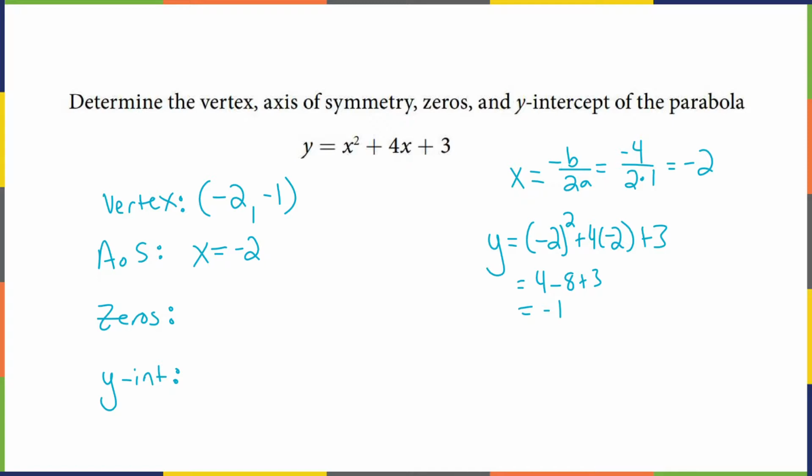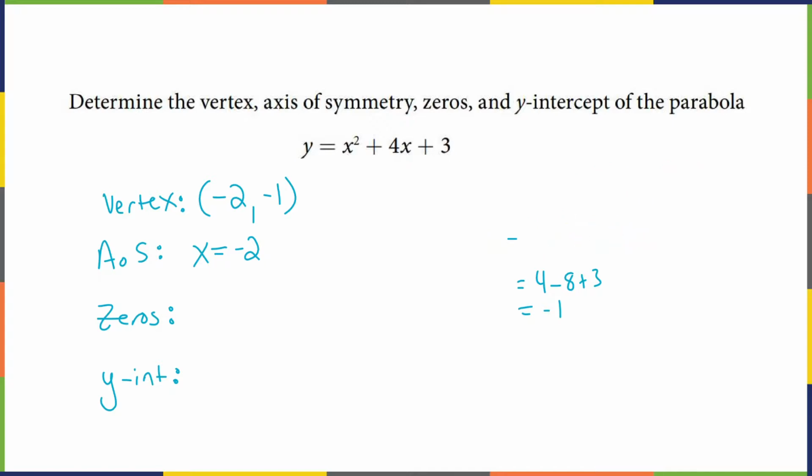Now our zeros happen when we are using quadratic formula, or you could also factor this by setting it equal to 0 and solve that way. I'll actually show you both ways really quickly. We'll start with quadratic formula because that is the way that they're expecting you to do.